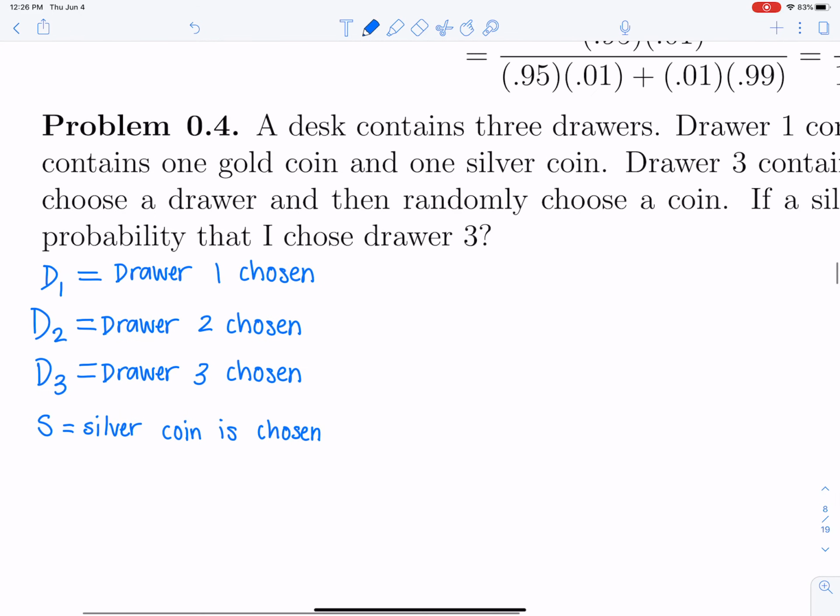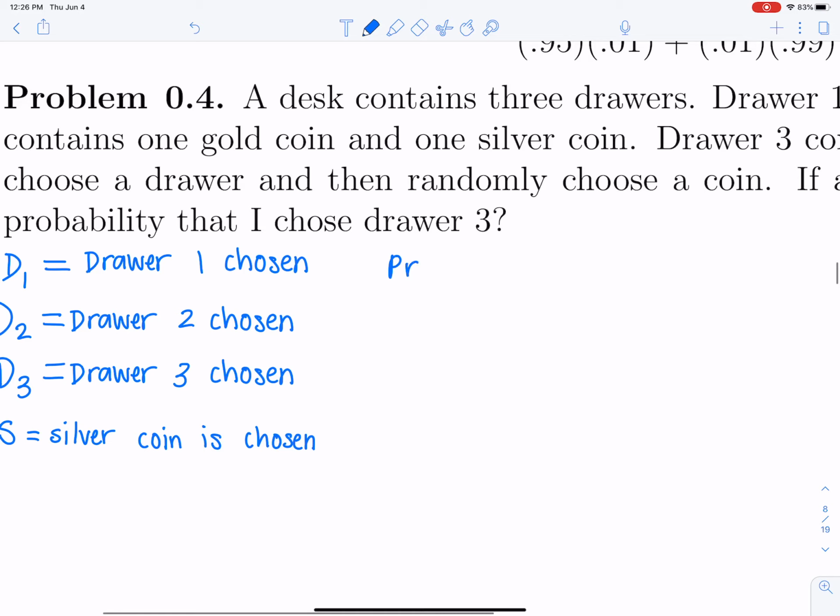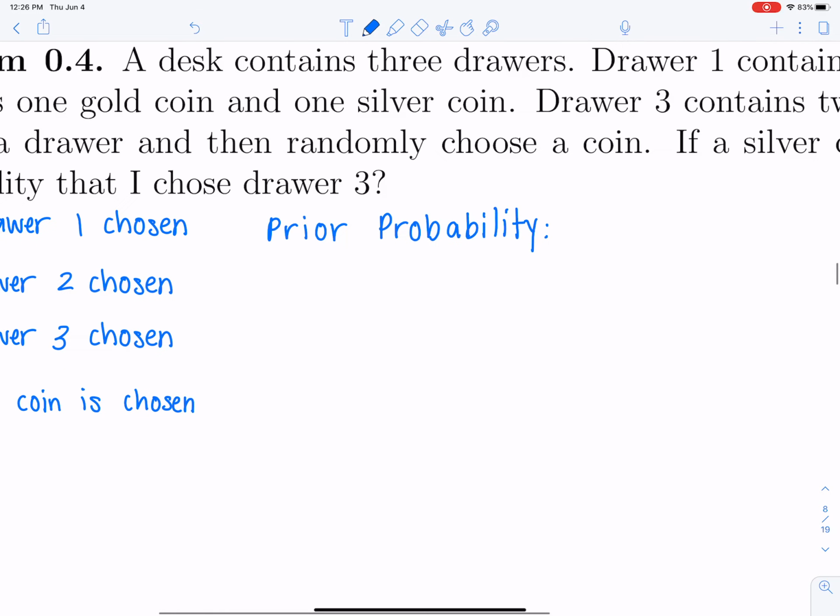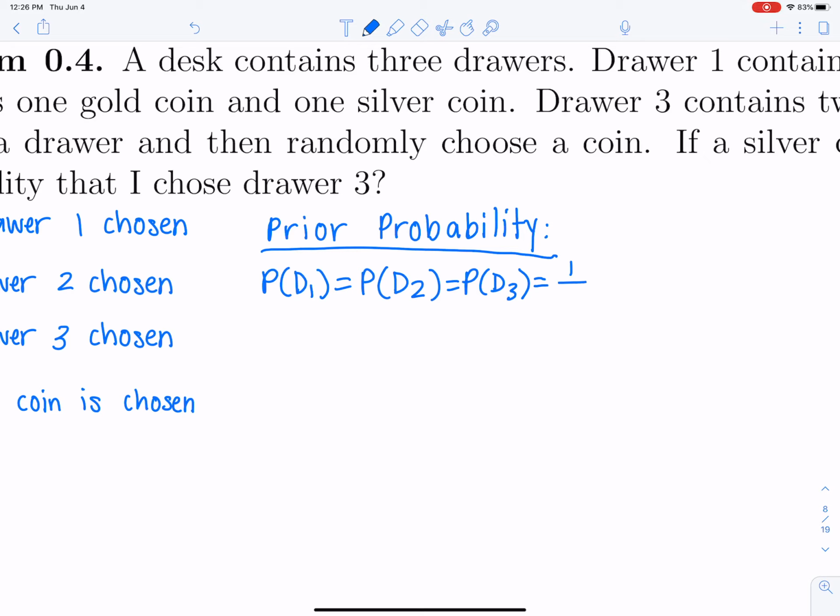Since we have an equal chance of getting every drawer, they're all going to have the same exact probability. It says that we randomly choose one. So the probability of D1 and D2 is equal to D3, and that would mean they all have the probability of 1/3, because they need to equal 1 if we added them all together.